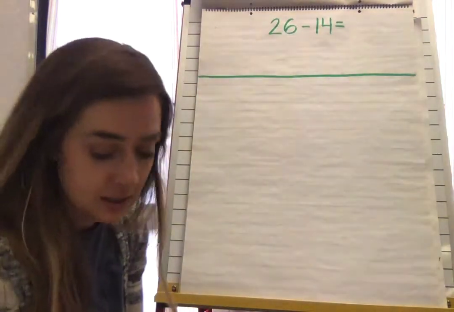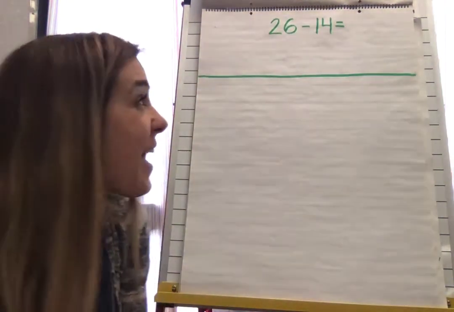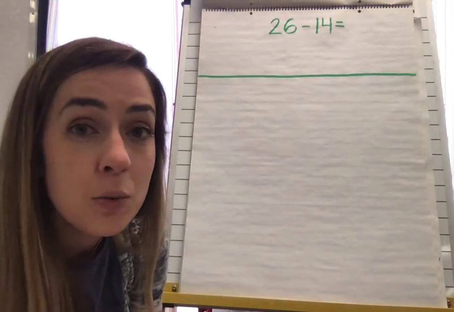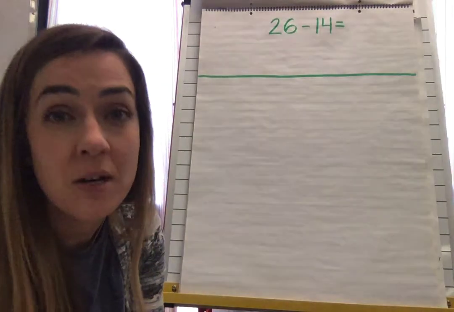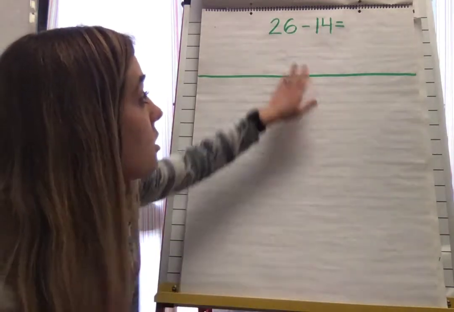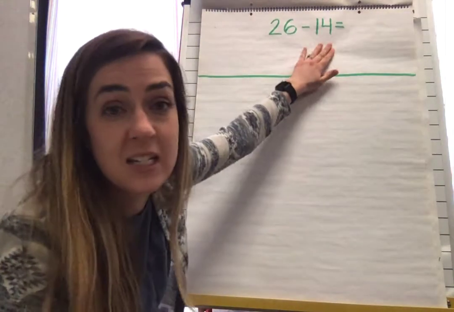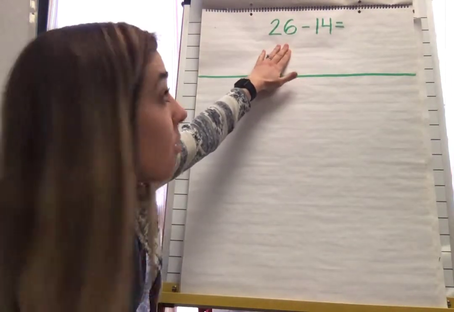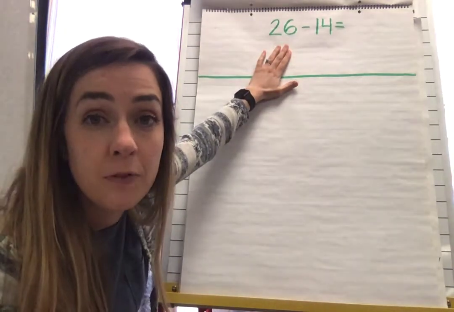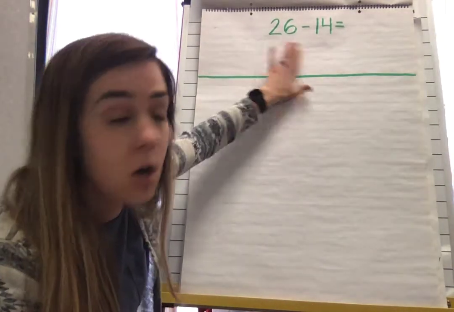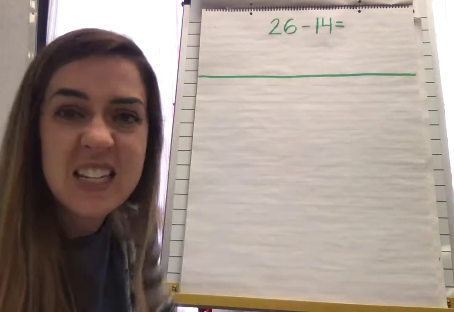Now here's the difference. First thing, if you don't remember, any time that you do a subtraction problem, the bigger number has to go first. So I have 26 and 14. 26 is my bigger number, so that has to go first all the time. All the time, bigger number goes first. In addition, it doesn't matter.